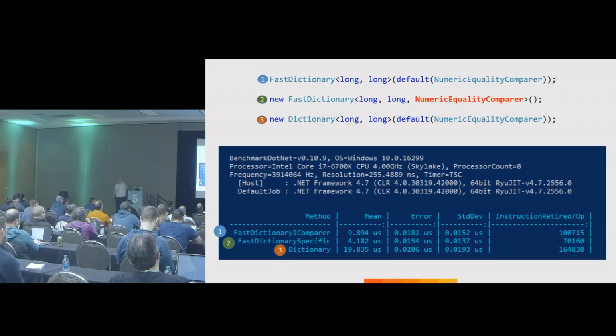It doesn't matter how much the Microsoft implementation improves, you can still improve more because the cost of actually doing the comparison for a dictionary is high. So if you can emit the exact code for that comparison, it's always going to be better, period.